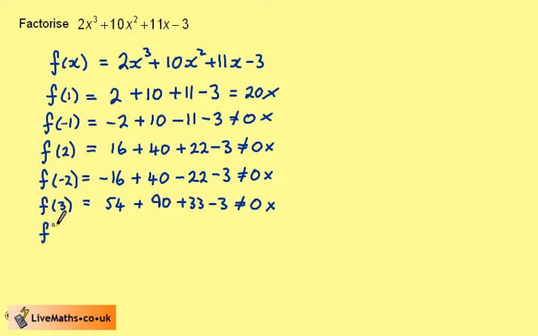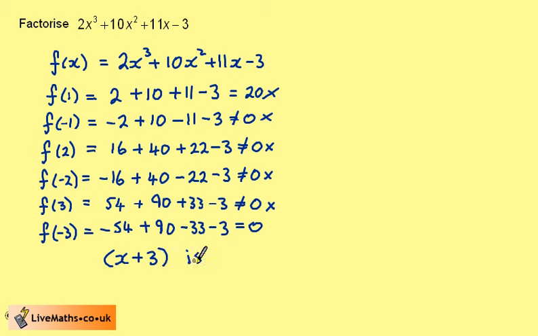If we try f of minus 3, we get minus 54, add 90, take away 33, take away 3, and this is equal to 0. And from what we've discussed before, this means that we've found x plus 3 as a factor.